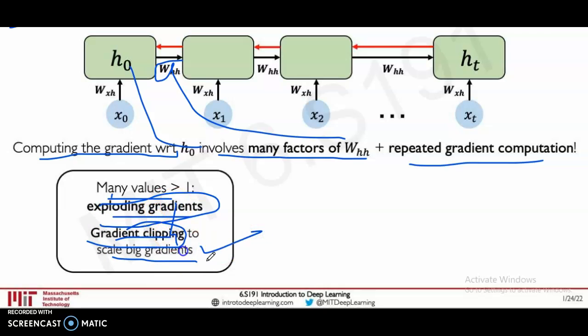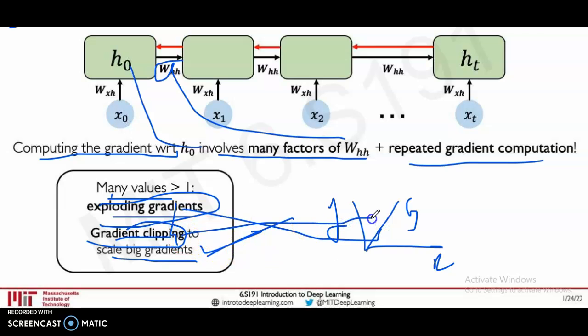So both are making big gradients, big scaling, increasing gradients. First one, second one, like this. So increasing.